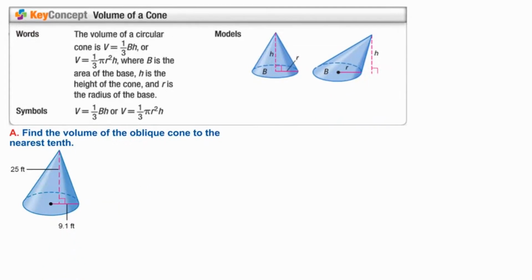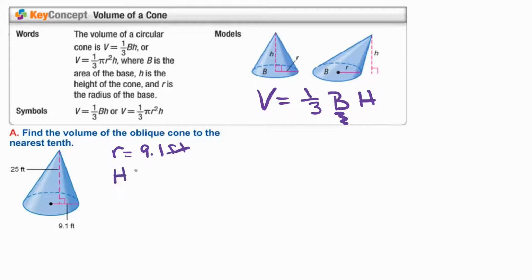The formula for the volume of the cone is also volume equals 1/3 base times height. The formula for the base would be pi r squared. Again, it doesn't matter whether it's a right cone or an oblique cone. So for this picture, we have radius equals 9.1 feet.